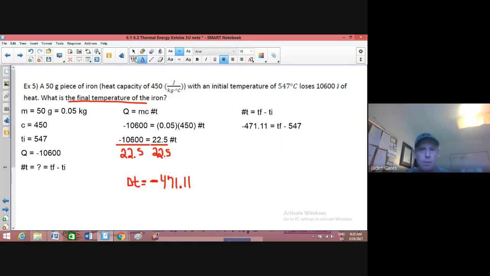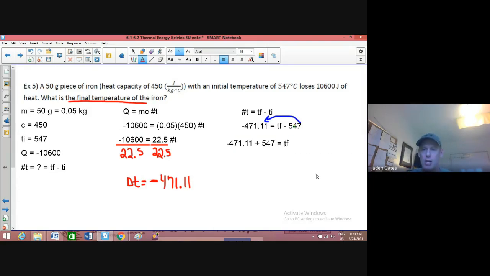Okay, well, second last step, I'm going to move that minus 547 to the other side. And again, when it changes side, it changes sign. So we're going to have this negative 471.11 plus that 547. That is going to equal my final temperature.